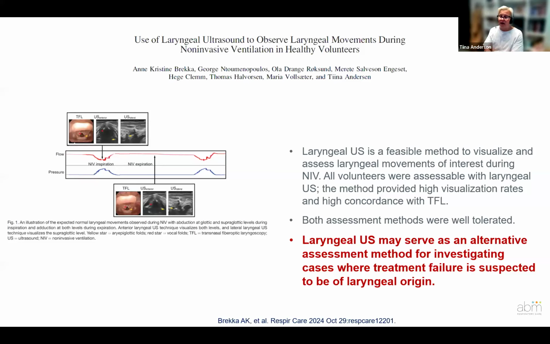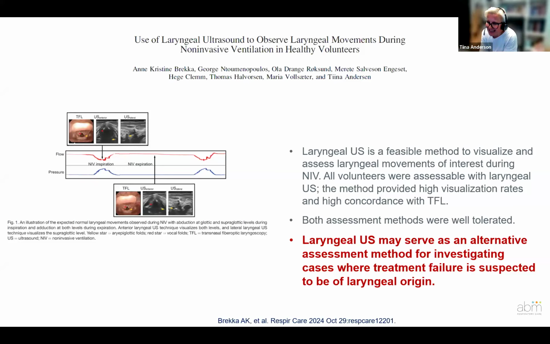Another tool that is often available in our clinics is diagnostic ultrasound. And many of you maybe are already familiar with performing pulmonary lung ultrasound or diaphragm ultrasound. And if you have trained your eyes to see something from these black and white pictures, you probably can adapt that very easily to also perform a laryngeal ultrasound. So I have a PhD student, Anna-Kristina Brecka.